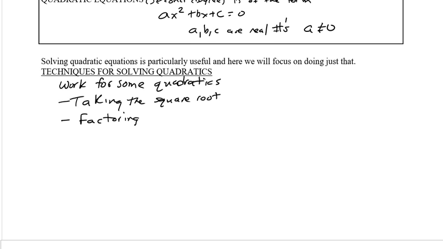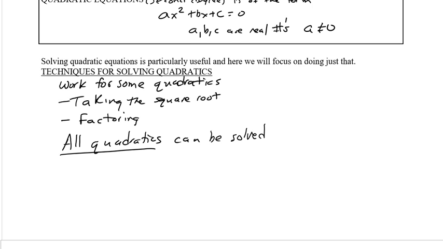And then all quadratics can be solved, if there is a solution, using completing the square, which we will get to later, and the quadratic formula.